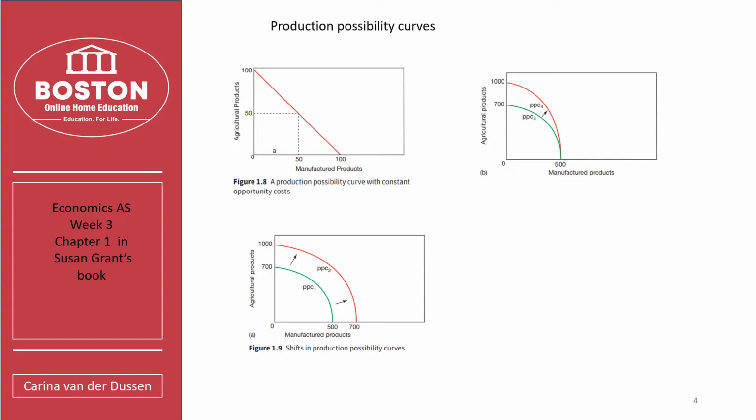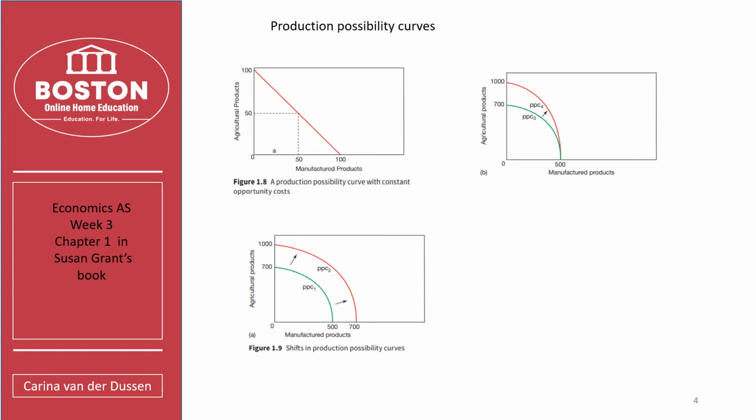We could get better technology so we can get more potatoes without any scratch, and technology could also help us manufacture more manufactured products. So there are reasons why the red line is lying outwards.